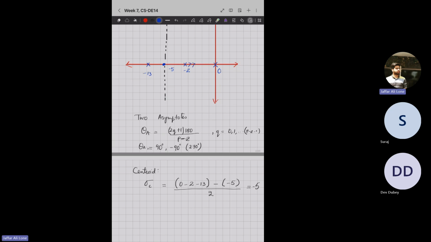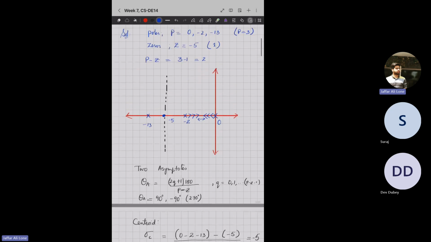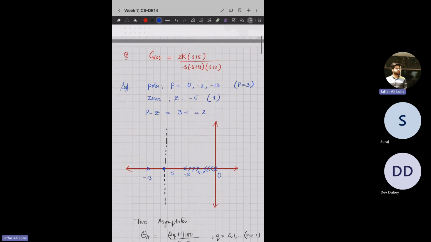Now if we see the root locus, it will be something like this. This is a valid part of the root locus, and there will be a breakaway point. Oh, I'm sorry, there is one more thing. There is a zero as well here at minus 5.